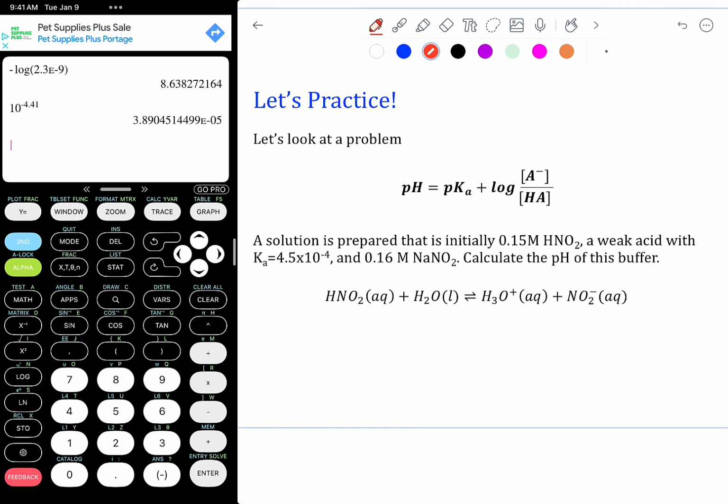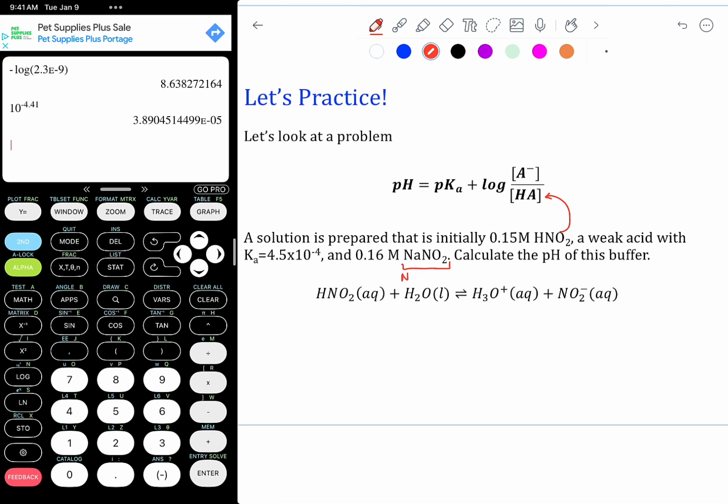So, here we have HNO2 is going to be our weak acid. We know that NaNO2 is going to be our conjugate base because it's an ionic compound that's separated into Na plus and NO2 minus. And we say that this minus is what goes in for the conjugate base.